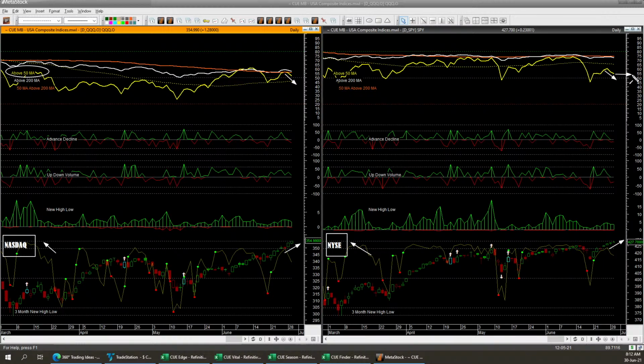Both the yellow lines are near the 50-55% range. The white and orange color lines are still flat. They are the above 200 MA percentage and the percentage where stocks' 50 MA is above 200 MA.